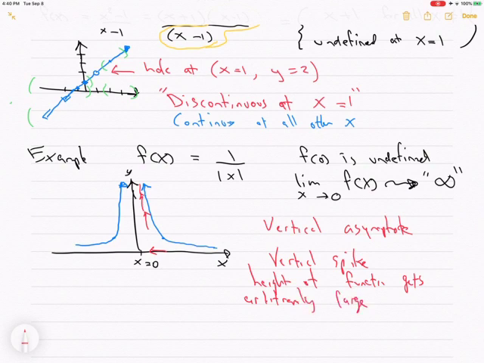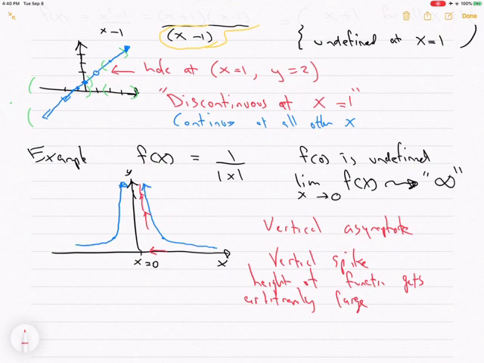Infinity is not a number, but if it were a number, it's like the height is infinity. The height keeps getting bigger and bigger, and there's no actual infinity, so we can't graph that point. It doesn't actually connect. So the left part of the graph and the right part of the graph are never connected. It's disconnected, so it's not continuous.